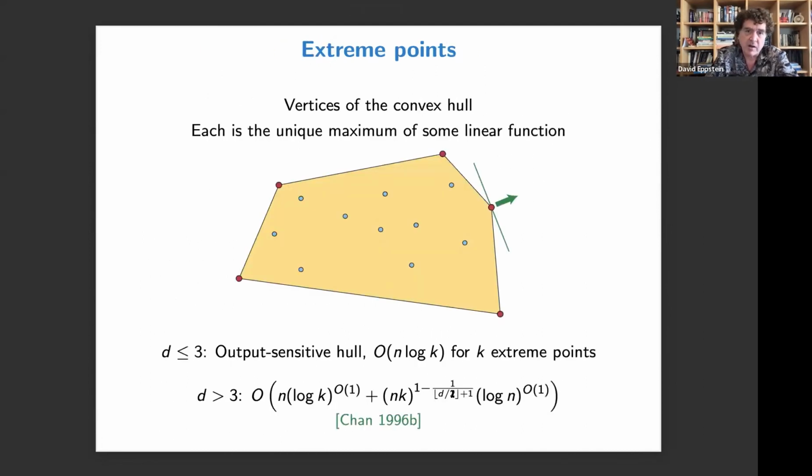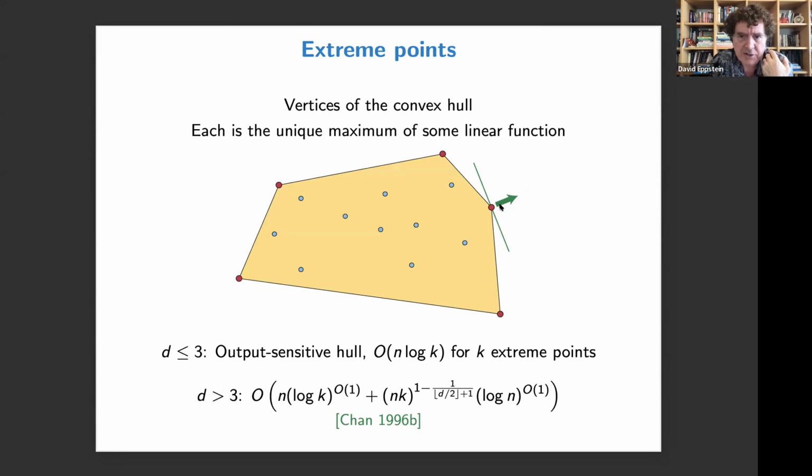Now the extreme point problem, again in 2D, it's just a set of vertices of the convex hull. Another way of thinking of these is that they are the maxima of some linear function on the input points.